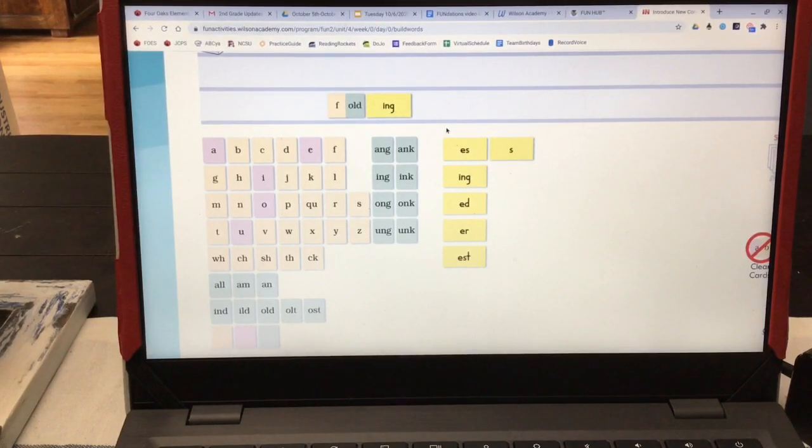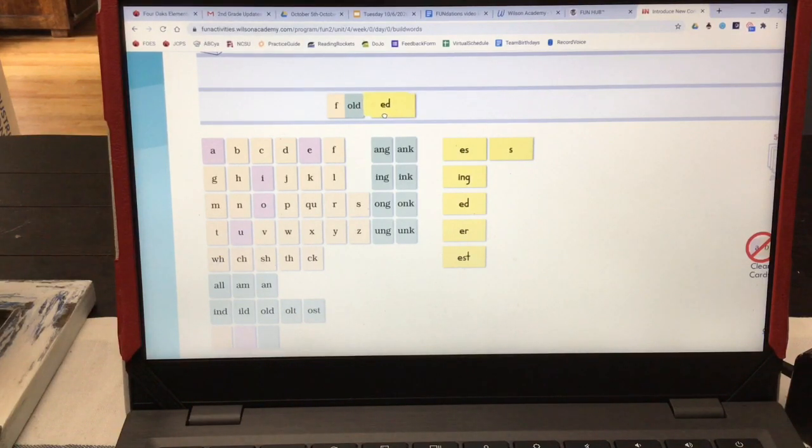Okay. Well, let's take this one off and try the other one we learned that happened in the past. Fold with an ed. I want that to touch, don't you? So let's read the base word, fold, and let's read it with the suffix. Folded.